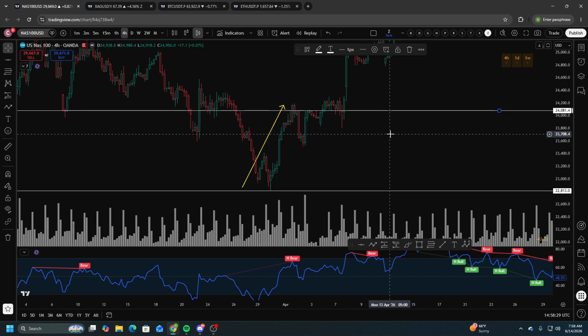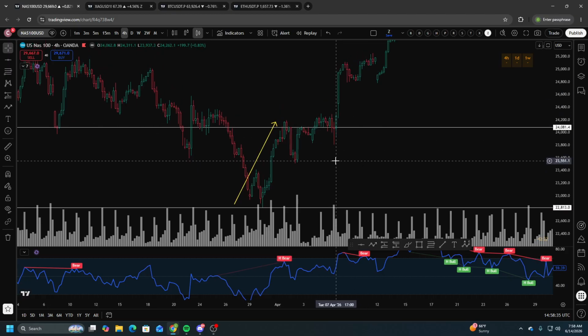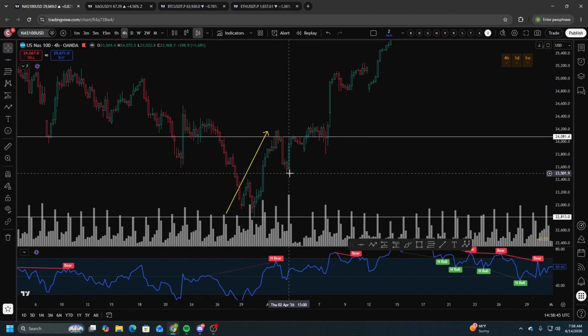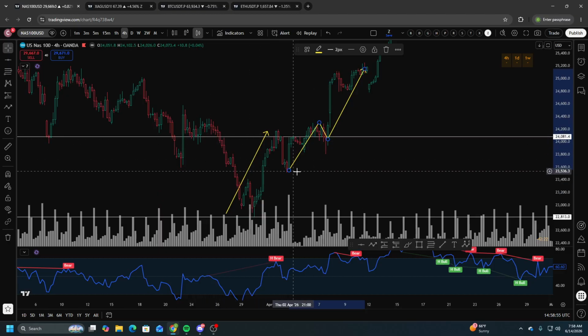Now you want to pick the level that started the move up, preferably somewhere that you pumped from. So where did we pump from in this sequence to continue this move up? It would be right here. Once we retested this, this started this move out of this range.